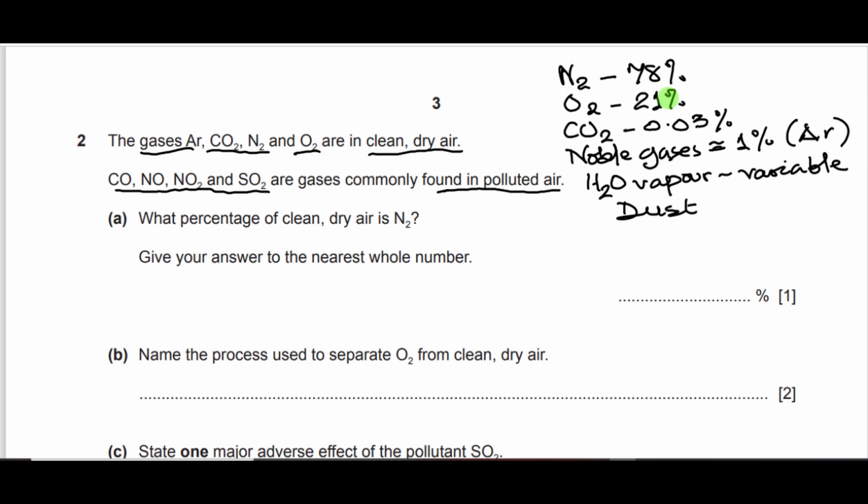Now these constituents shown on the screen here are for polluted air, right? Not for clean, dry air.